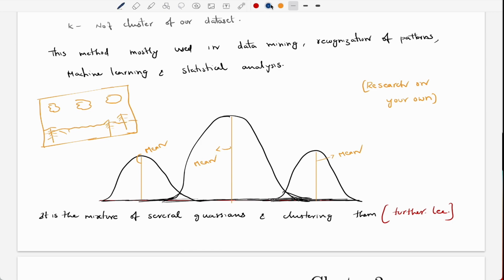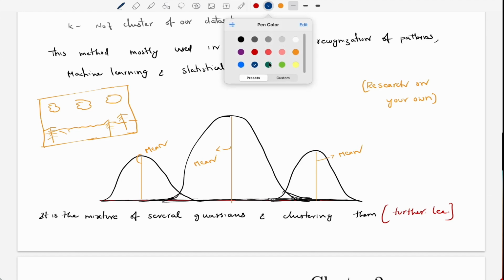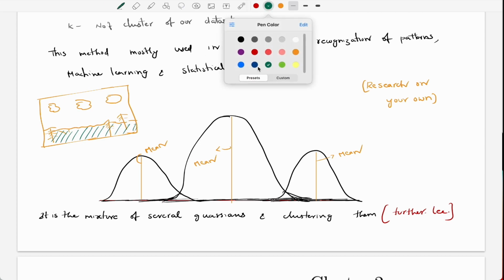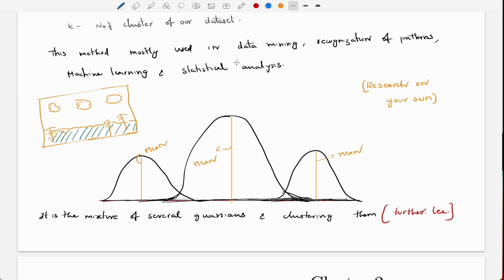I think I have a green color over here. Yes. So this is green grass, and we have woods. This is a blue sky over here, and we have woods, which are in a red color.